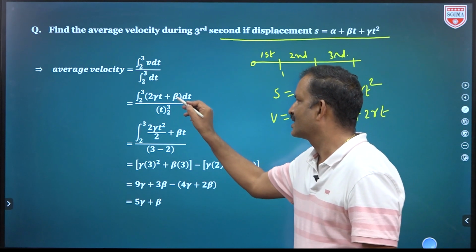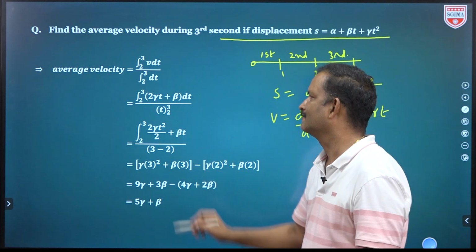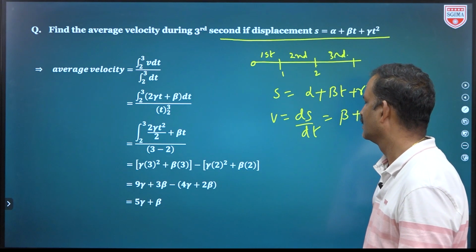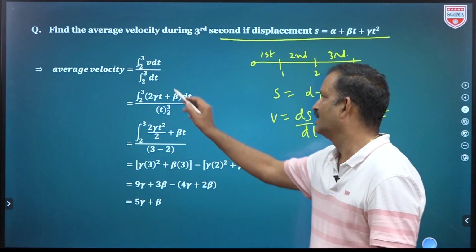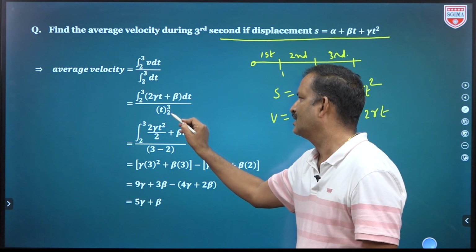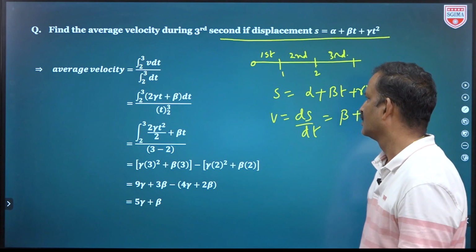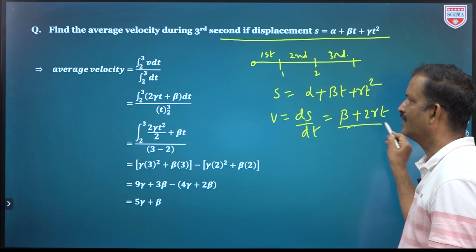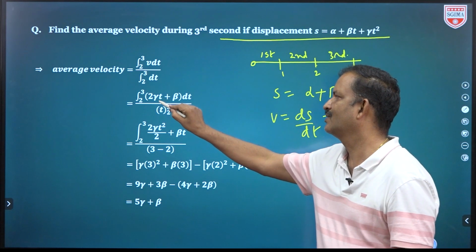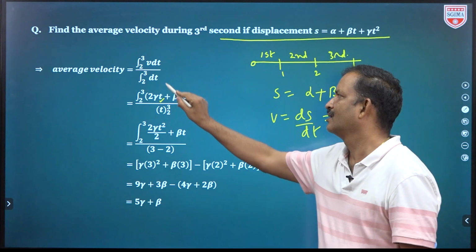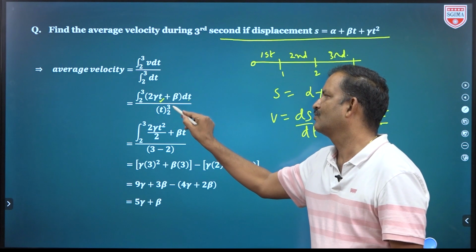So v is 2 gamma t plus beta, times dt. The integration of dt is t from 2 to 3. We got v, I am substituting the v value here.